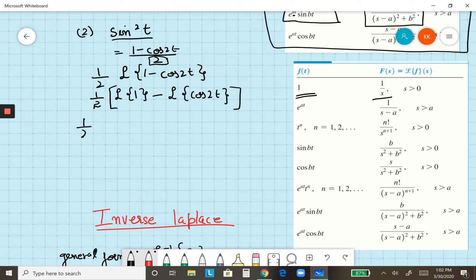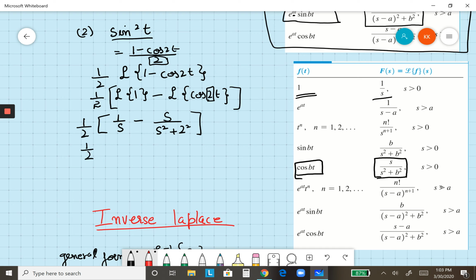So it will be 1/2 bracket 1 over s minus, and for cosine 2t, we are using cosine bt, which can be written as s over s squared plus b squared. In this case, our b is 2 because it's cosine 2t. So it's s over s squared plus 2 squared.